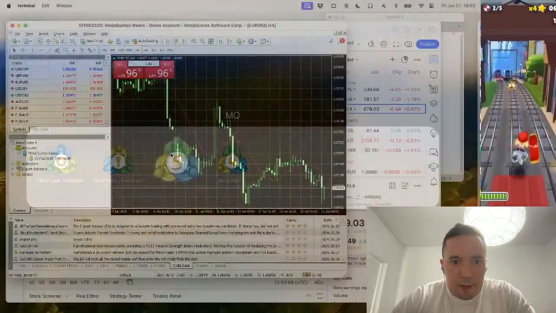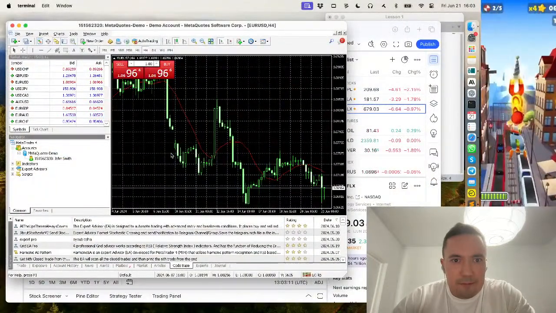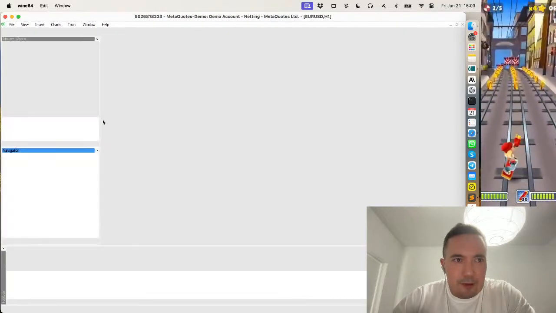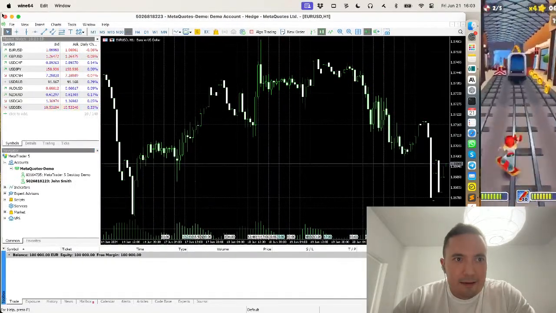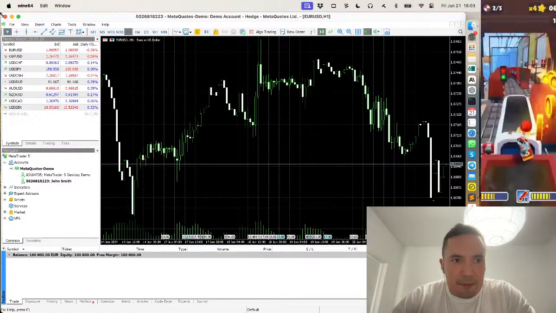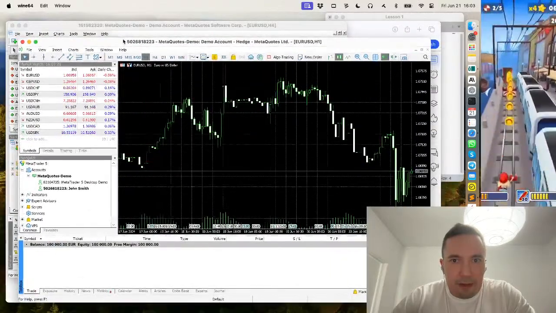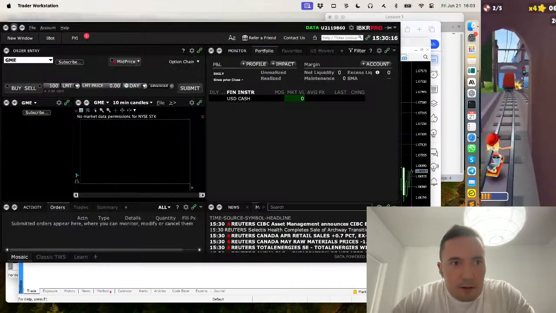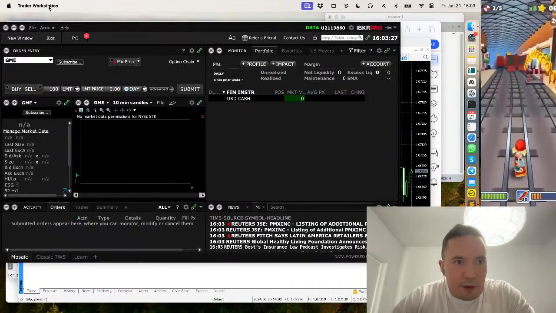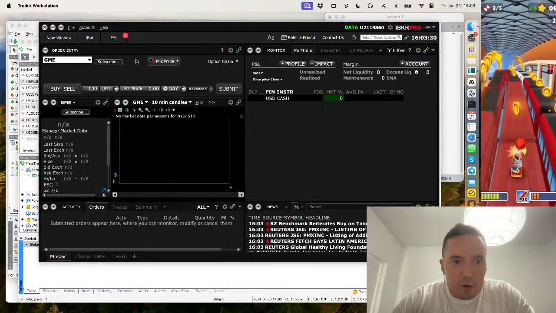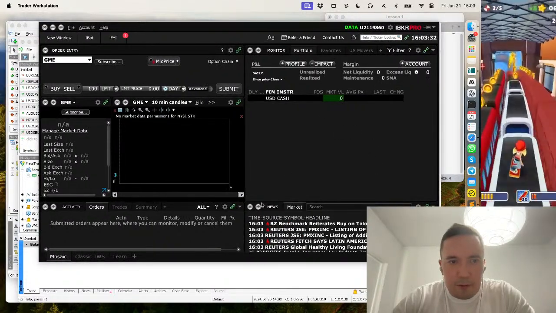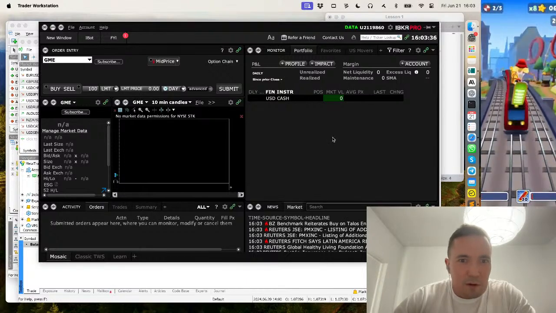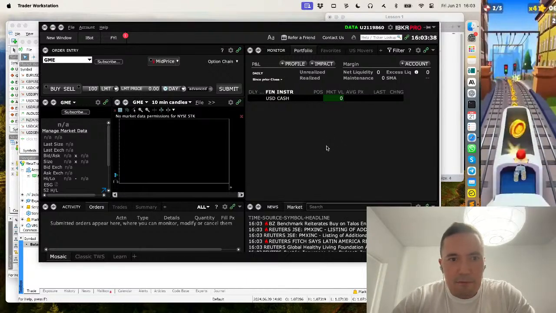We also have a MetaTrader 5 terminal, which is basically the same thing as MetaTrader 4. Or, for example, I have here Trader Workstation from Interactive Brokers, another terminal. So in many ways they are similar.